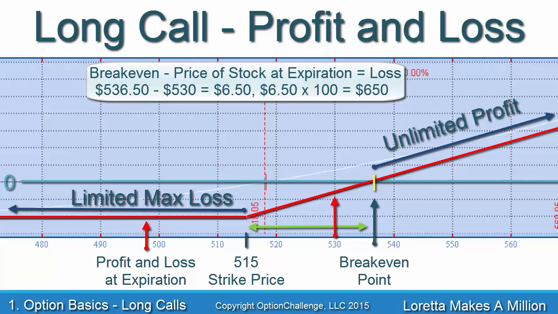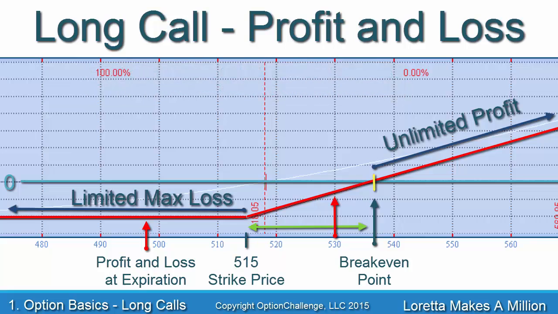This is equal to $6.50. You then multiply $6.50 times 100 shares of Google for a loss of $650. This graph represents the general shape of long calls. Long calls have unlimited profits with limited risk.